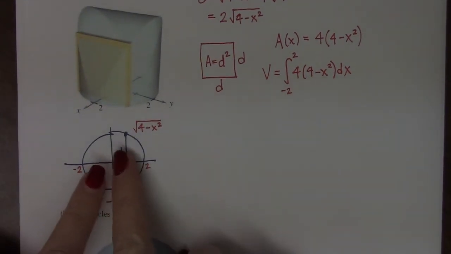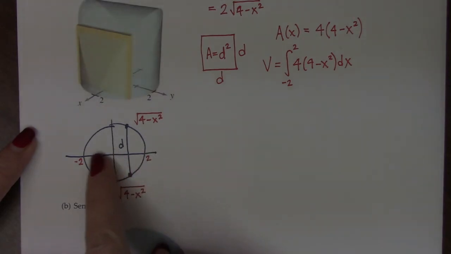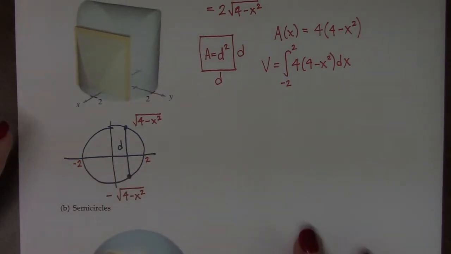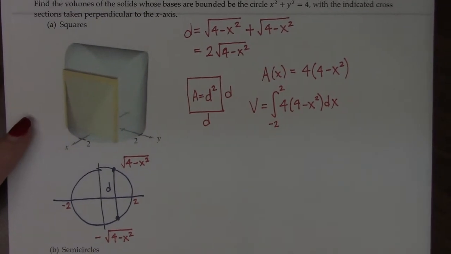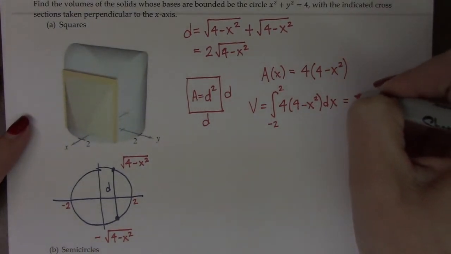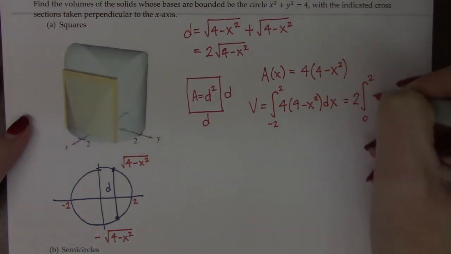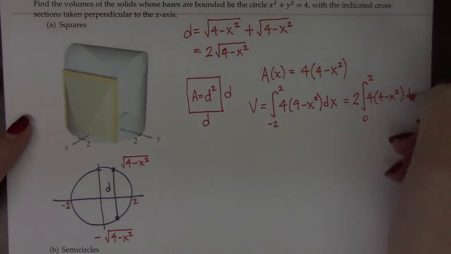Remember, all the integral does is find the area on each side. You can clearly see the area to the right of the y-axis is going to equal the area to the left of the y-axis. So we're allowed to say this is the same thing as 2 times the integral from 0 to 2 of 4 times 4 minus x squared dx.